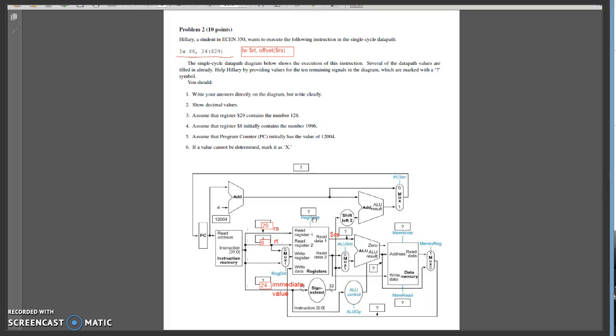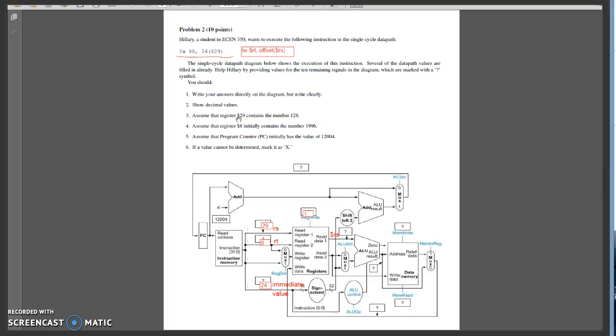Now, because we are writing to a register, we must take this RegWrite and set it equal to 1. Next, this value here is the value stored in our register RS.